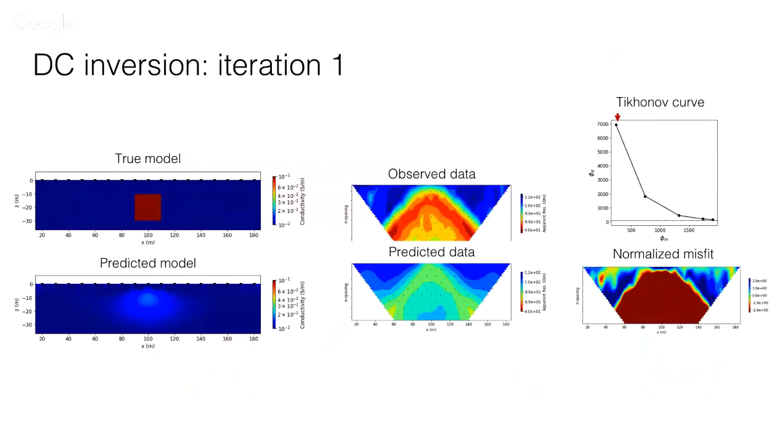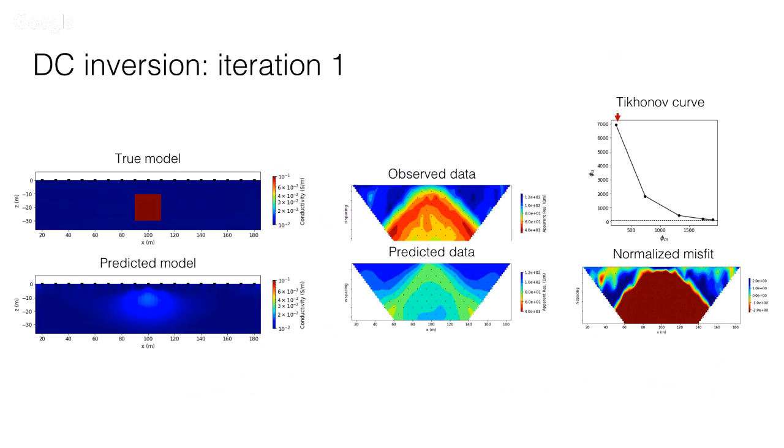And now I'm going to step you through those Gauss-Newton iterations. So here's the true model, here's the observed data, and here's our Tikhonov curve. At the first iteration, we're up here, we've got a very big misfit and very small model norm. And here's the predicted model, so it's just got a little bit showing.